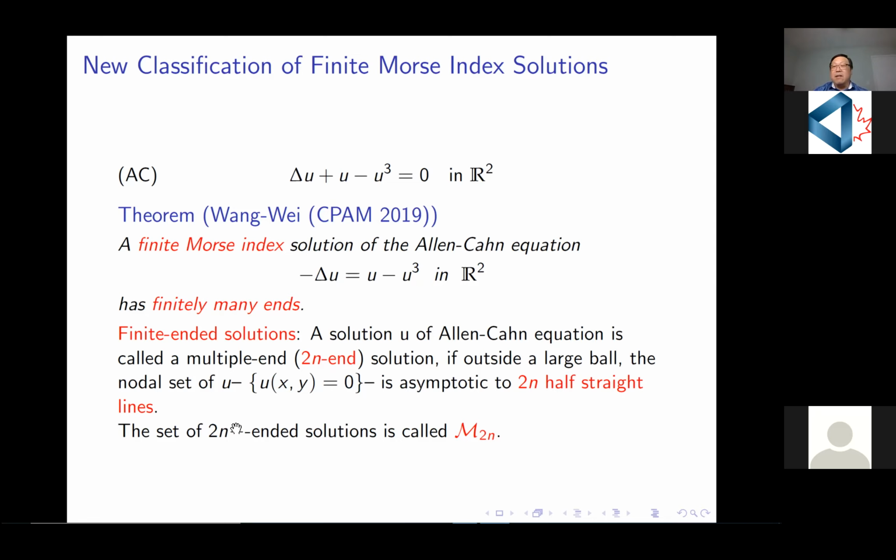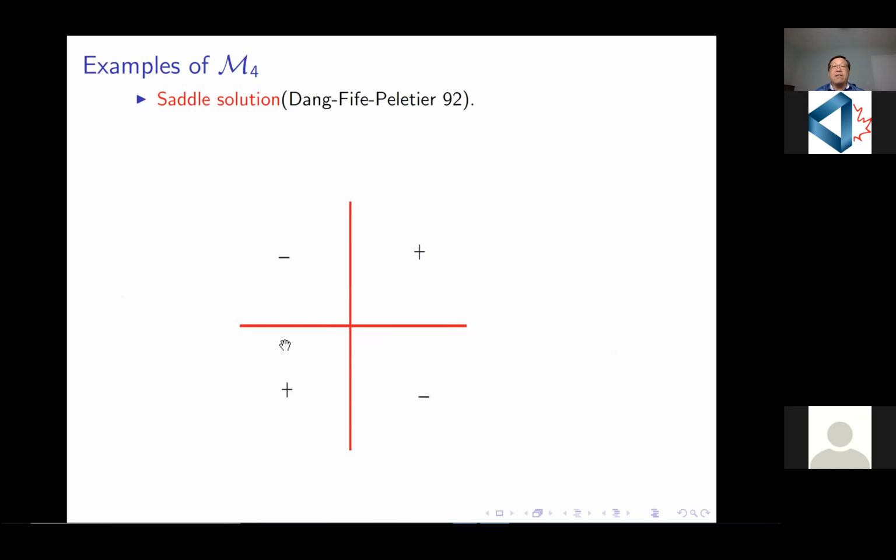By simple counting, the number of these straight lines must be even because you go from -1 to +1. The set of 2n-ended solutions I call M_2n. So our classification result says a finite Morse index solution must have only a finite number of ends. This is just one step toward classification of finite Morse index solutions in R2. Now we only need to study finite-end solutions. Let's look at some examples.